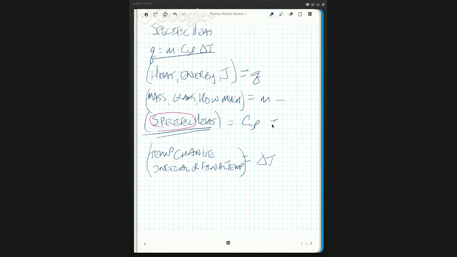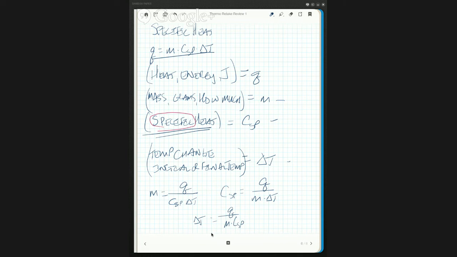If you're solving for any of these other ones, then it's going to be Q over something. So mass is equal to Q over CSP delta T. If they're looking for CSP, it's equal to Q over M delta T. If you're looking for delta T, it's equal to Q over M CSP.